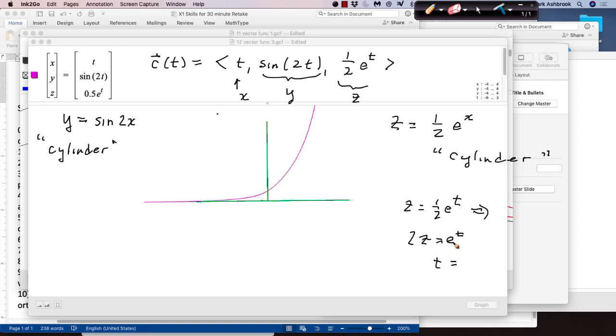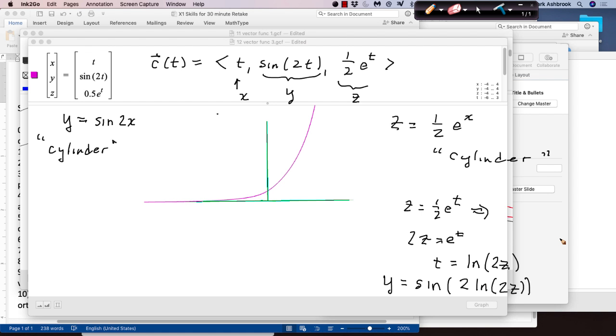It's the inverse of e. Does anyone know the inverse of e? Natural log of 2z. And therefore, what can I write? Y is equal to sine of 2 times ln of 2z.